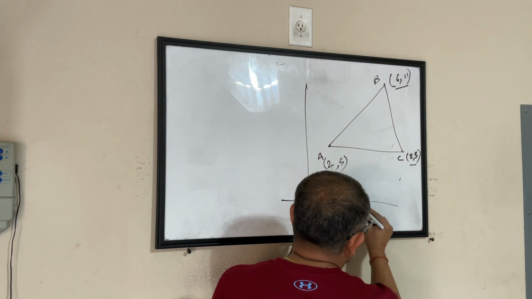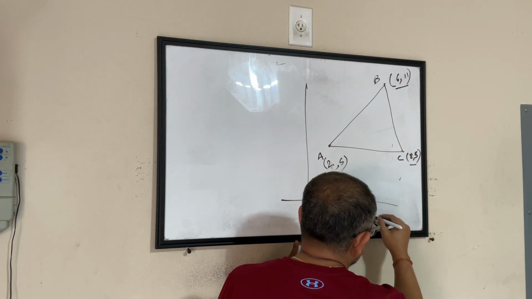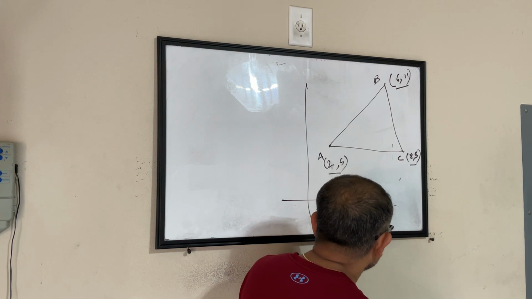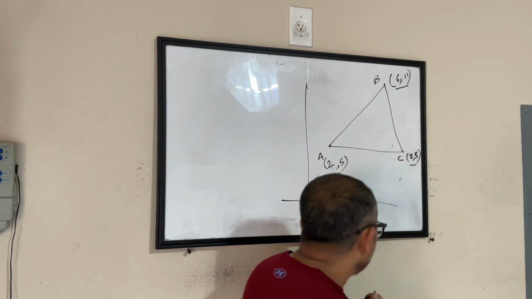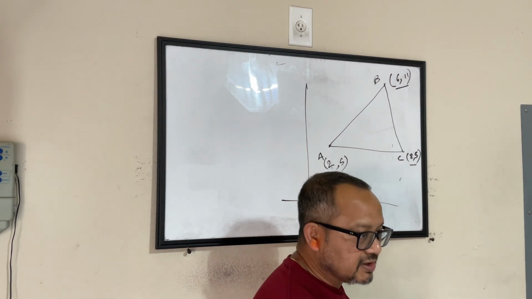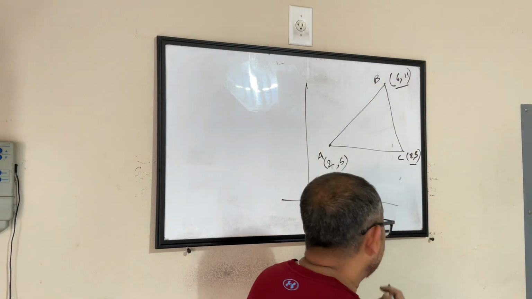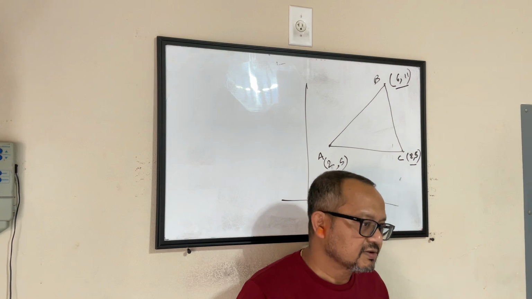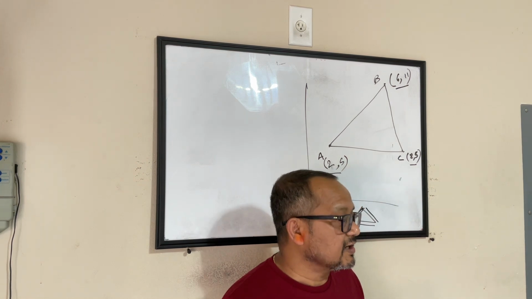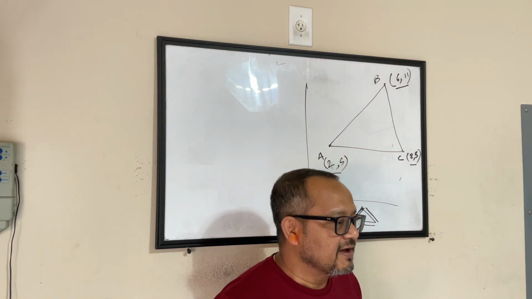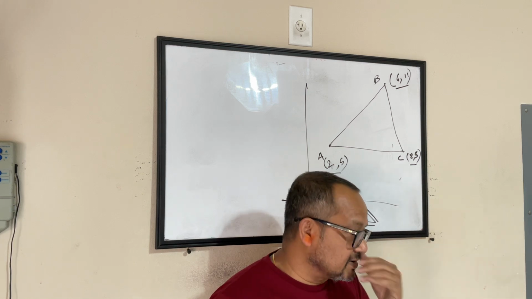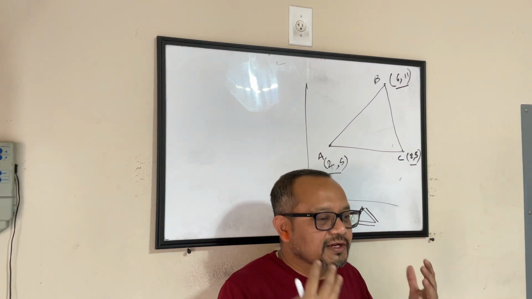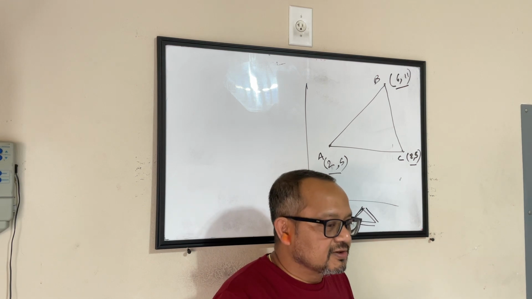You're saying that we'll find this length by applying the distance formula, this length by applying the distance formula, this length by applying the distance formula, and if I add them all, that gives the perimeter, right? And if I divide the perimeter by 2, that is not the area. So think a little different. I want to think. See, I'm not in a hurry to get the answer. I want to force you guys to think about a solution.